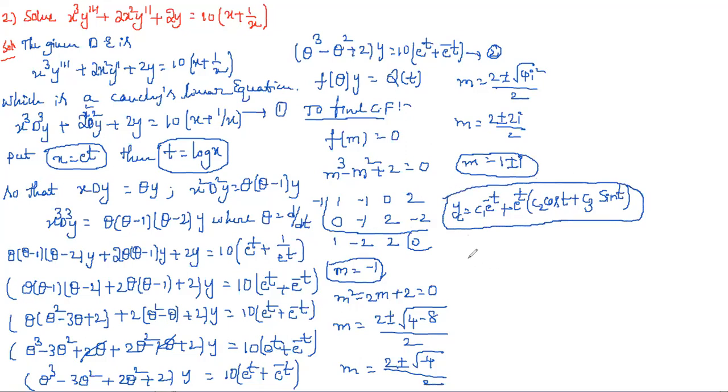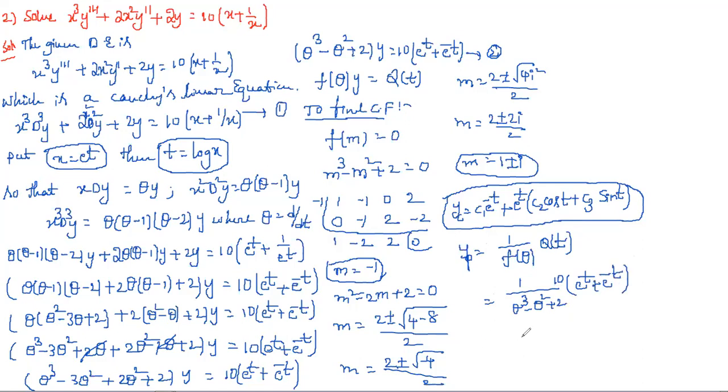Now we need to find the particular integral. yp is equal to 1 by f of theta into q of t. Here f of theta is theta cube minus theta square plus 2, and q of t is 10 into e power t plus e power minus t.